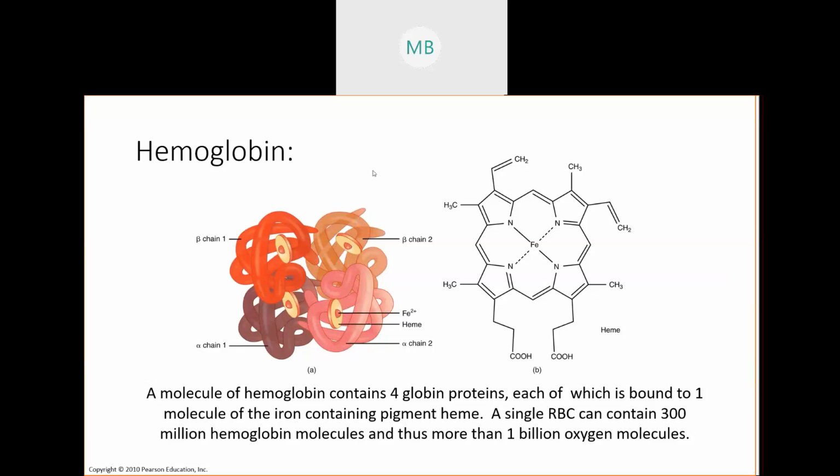And because each one of these hemoglobins can carry 4 oxygen molecules apiece, that means each red blood cell in your body can hold up to a billion oxygen molecules. If you're doing the math, as insane as that sounds. Right?